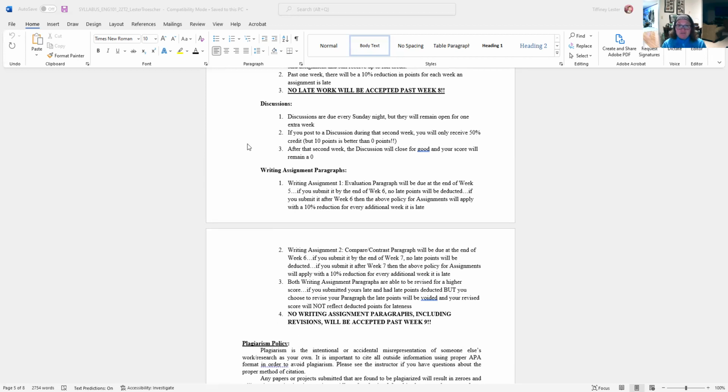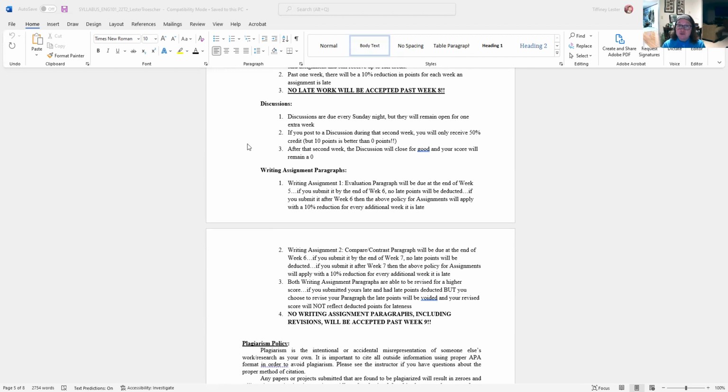I will take that file, download it to my computer, and then go through your paragraph and type in the margin what needs to be worked on. And then I'll leave you feedback. I'll attach that to the Brightspace feedback.